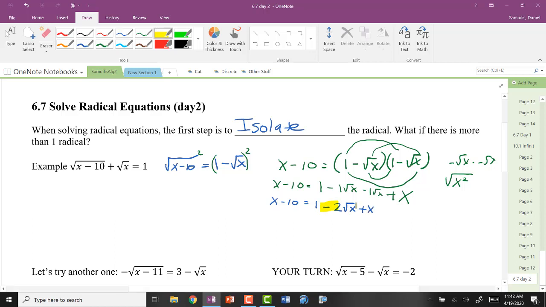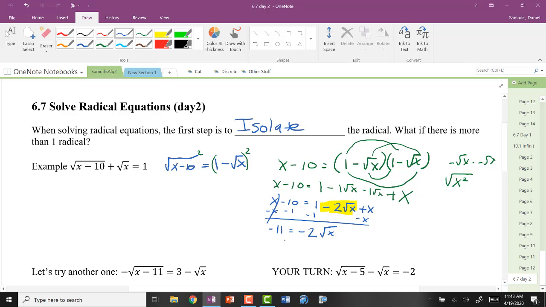Now the reason it's like Friday is because I have one radical. What's the rule? Isolate the radical. So I'm going to subtract 1 and subtract x. Subtract x, subtract 1, subtract 1, subtract x. That cancels those. Here I end up with negative 11 equals negative 2 square root of x.